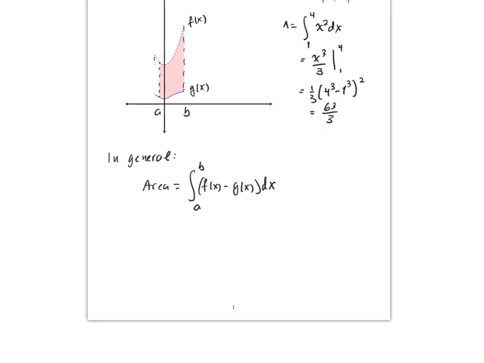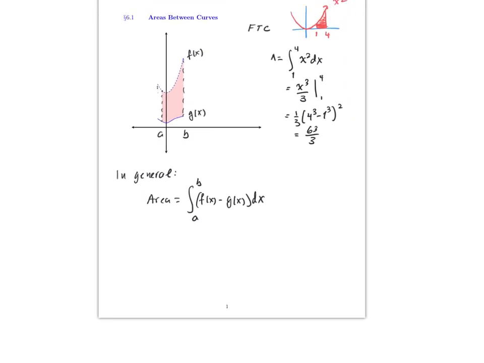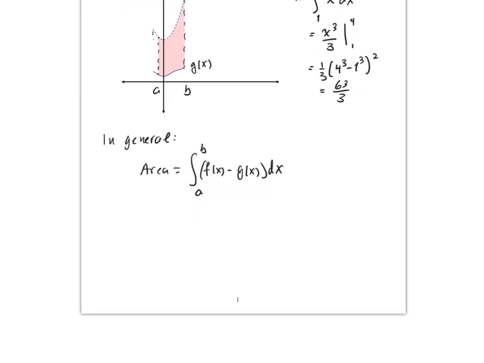Now, if you look closely at the problem I just did, notice that if f of x is equal to x squared, essentially you have another function here, which is y equals 0, or you can technically say that this is g of x.